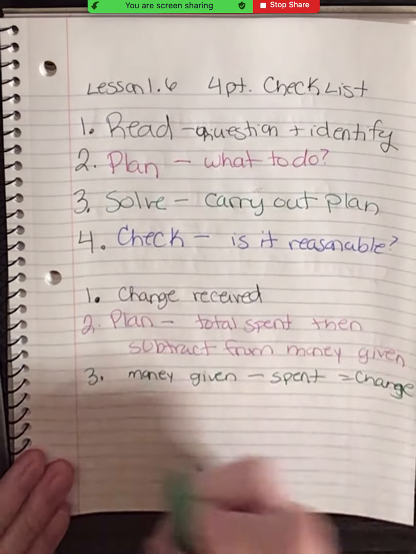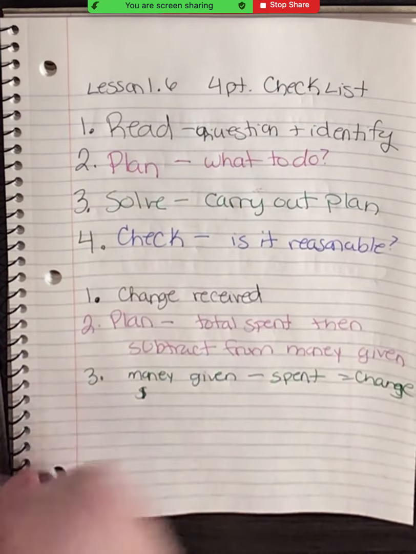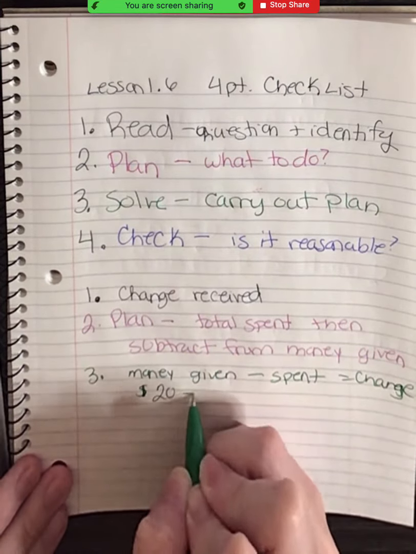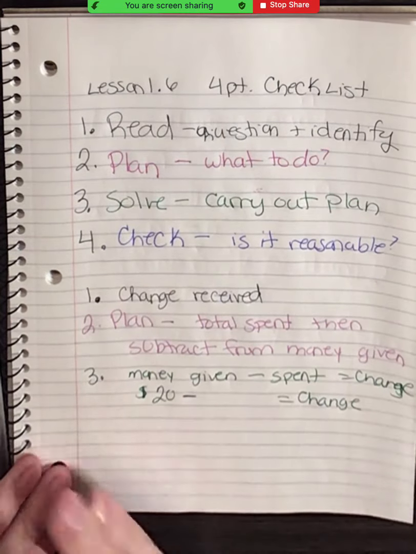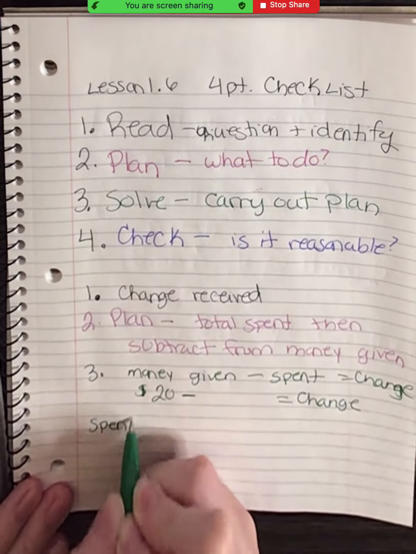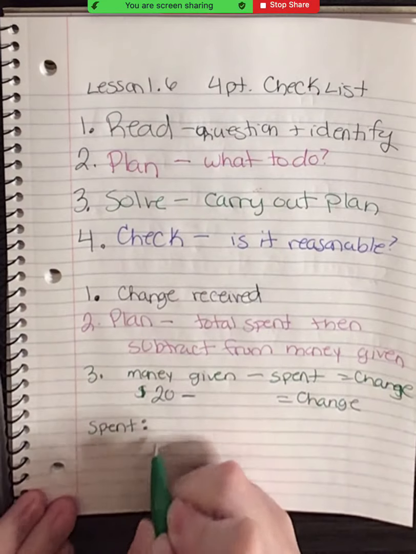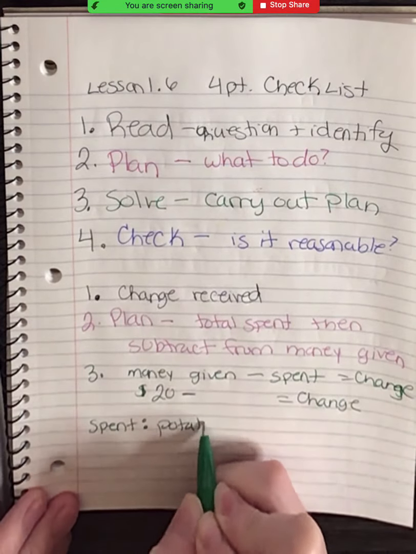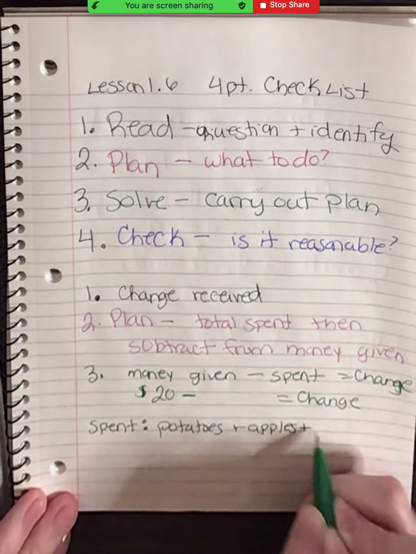So we know Amy gave $20, but we have to figure out how much she spent. So we know what she spent was going to be the potatoes, plus the apples, plus the ham.